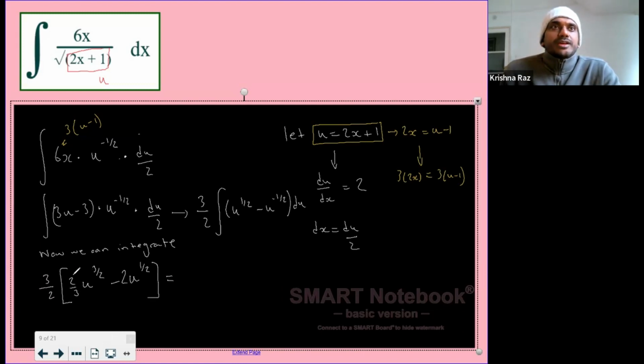Then we can simplify that. 3 over 2 times 2/3 is 1. And 3 over 2 times 2 is 3. Since u is 2x plus 1, we can sub that in. 2x plus 1 to the 3 over 2 minus 3.